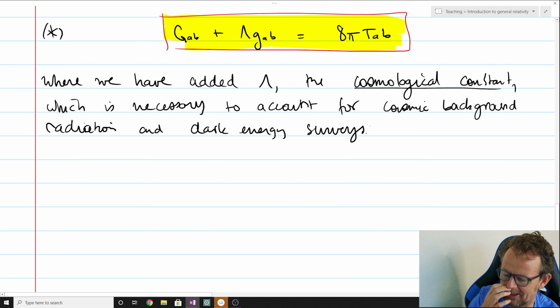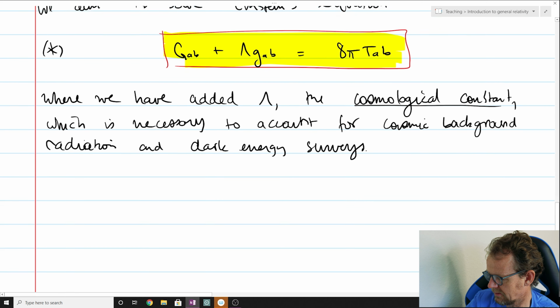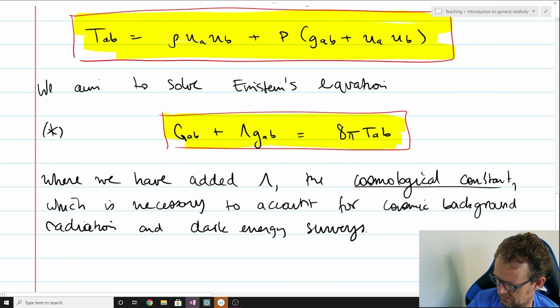We're just beginning to analyze the data from these dark energy surveys. So the cosmological constant is here to stay. We have to have it in order to model the universe that we live in. So why not, for these next coming lectures, include it in our solution of Einstein's field equation? It turns out to be rather easy to do so. It just effectively acts like a negative pressure term.